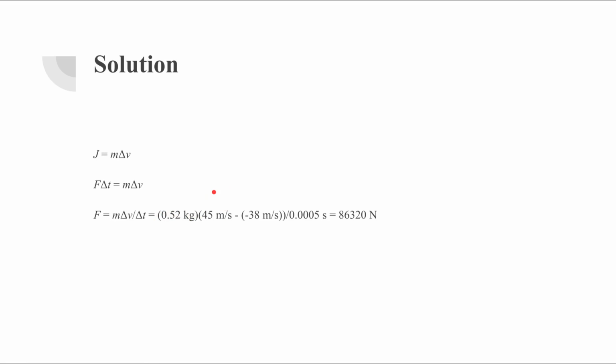Another interesting thing to know is, let me just turn on draw mode for a second. What happens if we draw parentheses here? Just for the symbolic expression, that'll be m times the quantity delta v over delta t. And what is delta v over delta t?